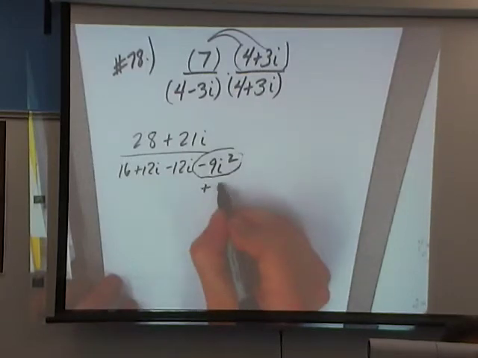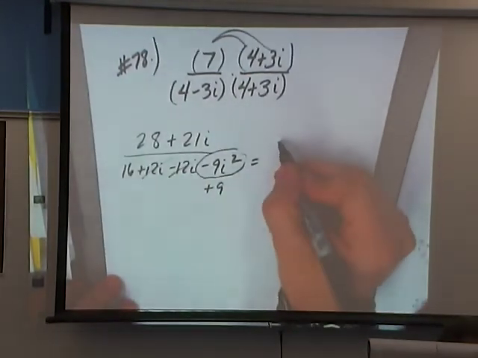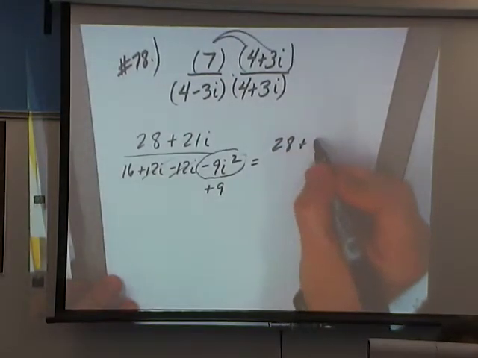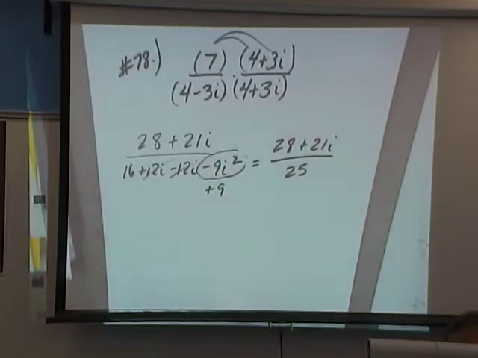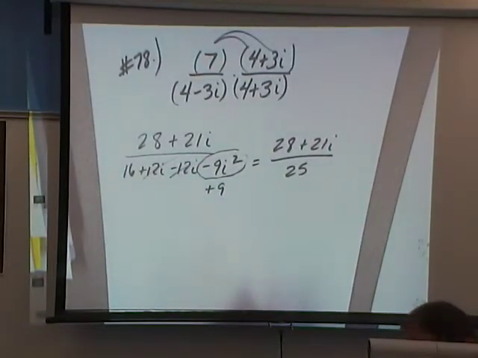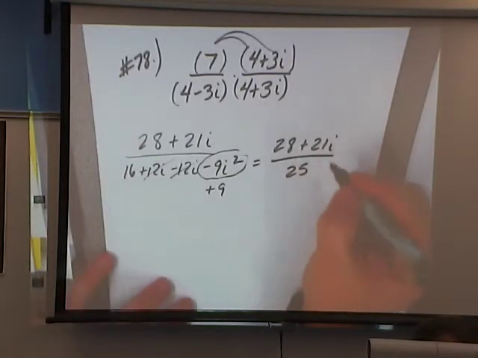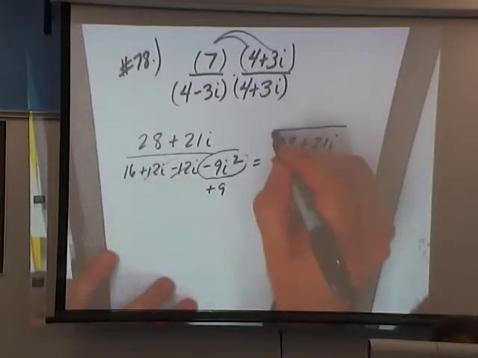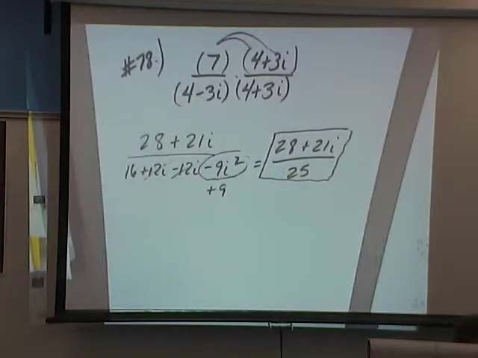It's going to be plus 9, right? And these will cancel out. So that'll give me 28 plus 21i all over 25. And there's nothing that you can divide all three of these numbers by. You can't just pick two of them and do it. It's got to be all three. Questions on that?